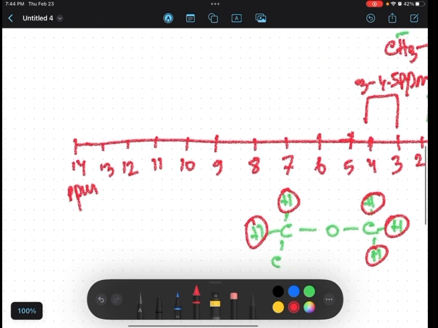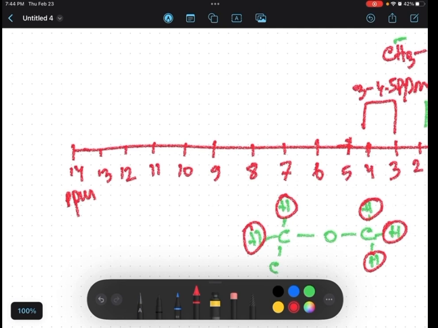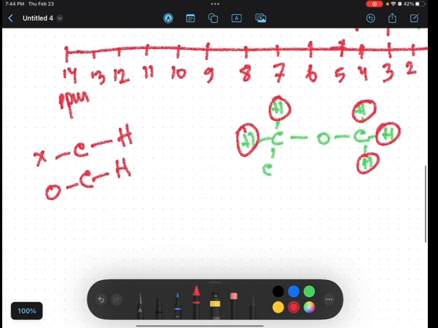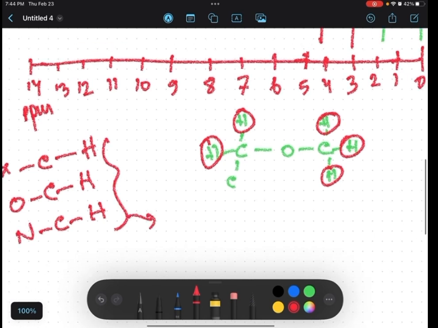So a proton on a carbon connected with a halogen, or a carbon next to the oxygen, or a carbon next to the nitrogen, all those normally show up around 3 to 5 ppm.